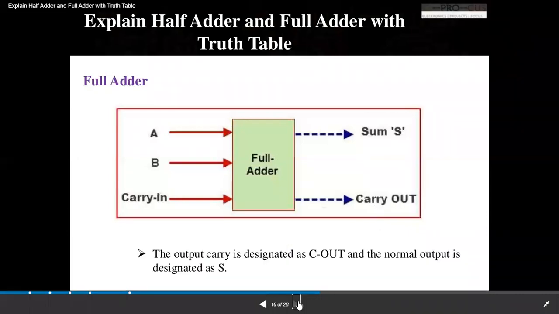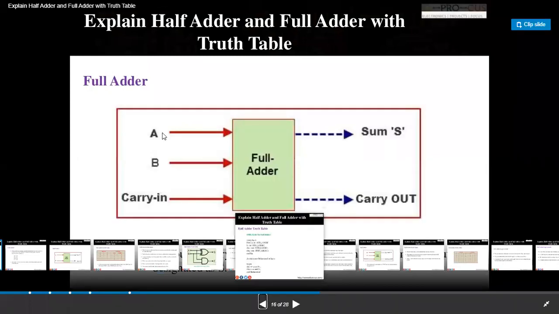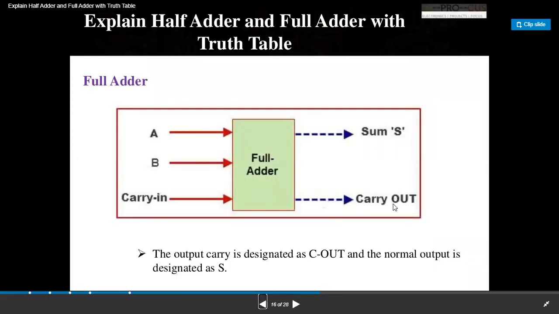If A is 1 and B is 1, the carry is also 1. Or if A and C are 1, then the carry is also 1.